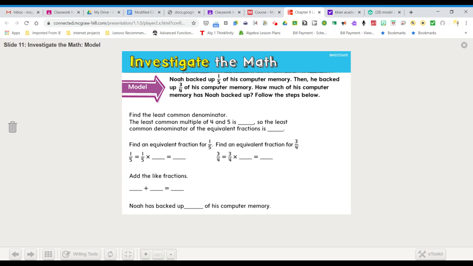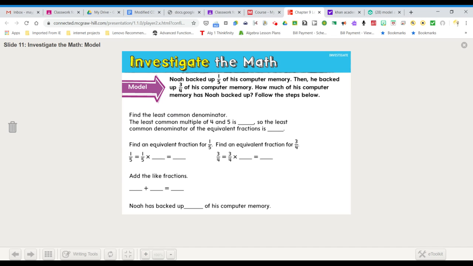So that's where we use either our multiplication charts or listing the multiples of 4 and 5. So the multiples for 4 is 4, 8, 12, 16, 20, 24, 28, and so on. And the multiples for 5 would be 5, 10, 15, 20, 25, 30, 35, 40, and so on. So once you make those lists, remember we're looking for the lowest number that they have in common.